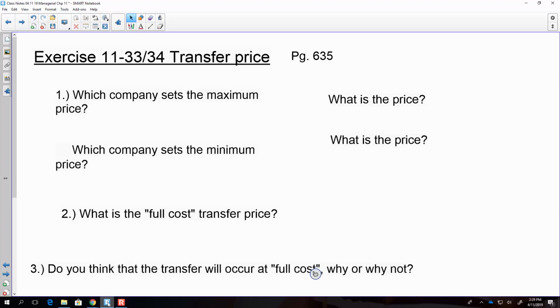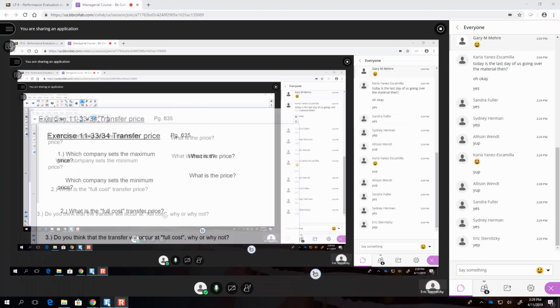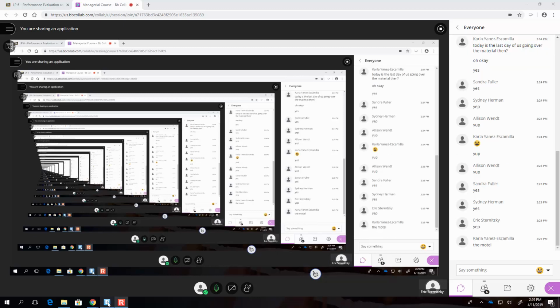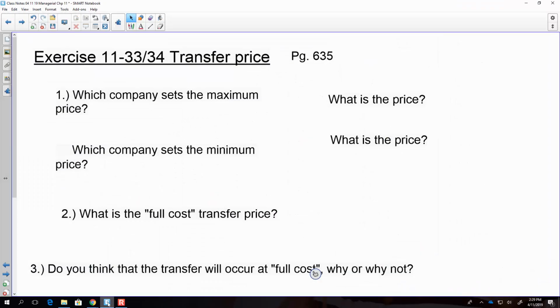For problem 33, it says, which division sets the maximum transfer price? And then what would that price be? So guys at home, what do you think? Who sets it? We have two divisions, motel and furniture. Yeah, very good, Carla. Excellent. It's the motel division.